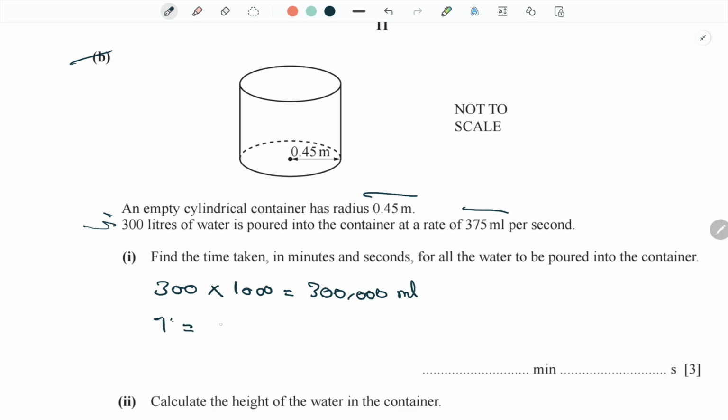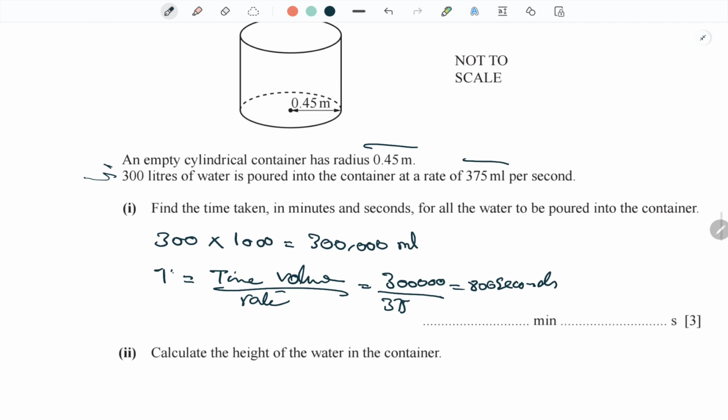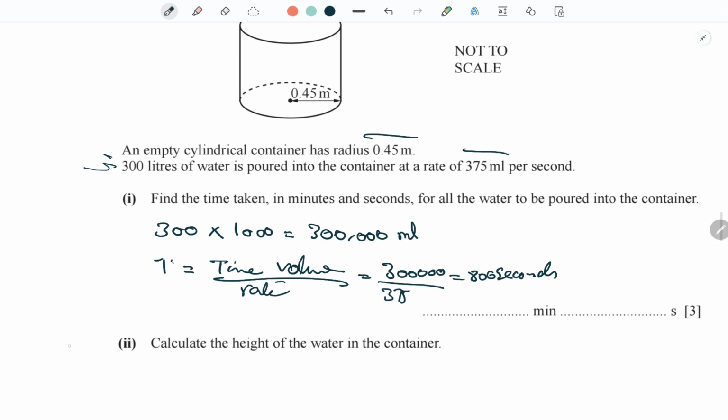Now the time in seconds equals volume over rate. The volume is 300,000 over the rate, that is 375. So that means 800 seconds. Now we convert seconds into minutes, so we divide 800 by 60.